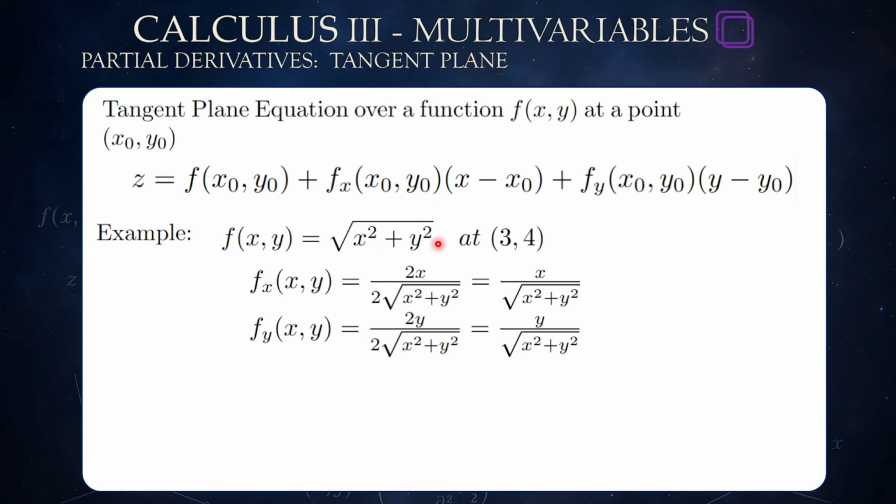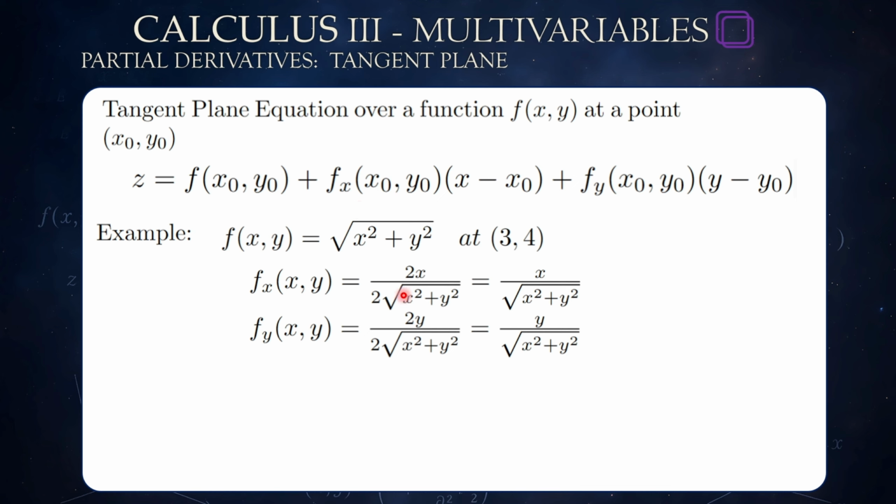This is how you derive a square root function. So it is 2x divided by 2 square root of x squared plus y squared, where x squared plus y squared is u. This is the formula: the derivative is u prime divided by 2 square root of u.